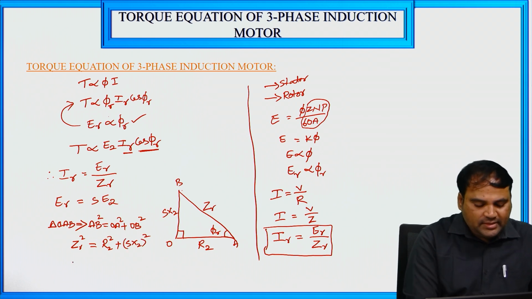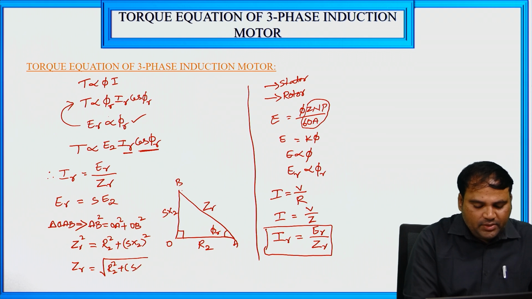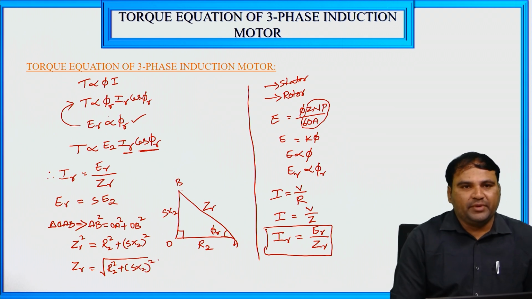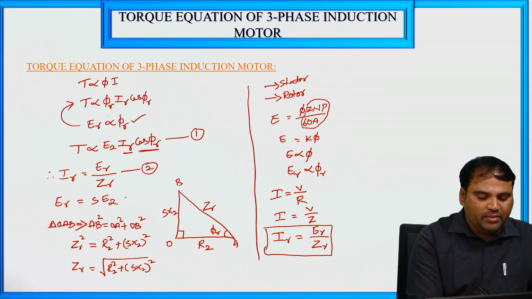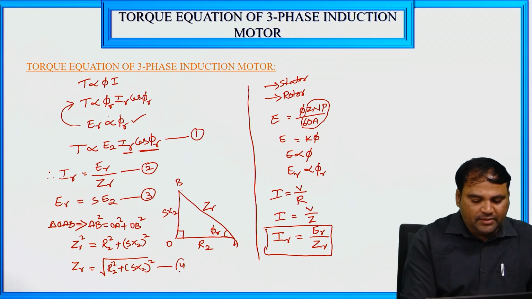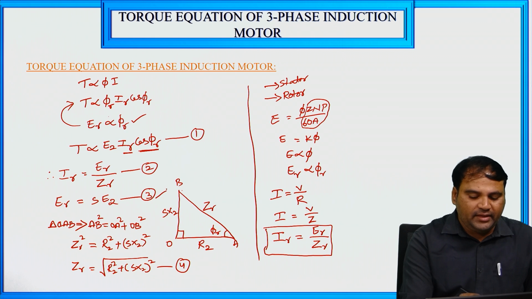So ZR is equal to the square root of R2 square plus S into X2 whole square, which is the rotor impedance. Let us take this as equation 1, this is equation 2, this is 3, and this is 4. Now we can substitute equation 3 and equation 4 in equation number 2.